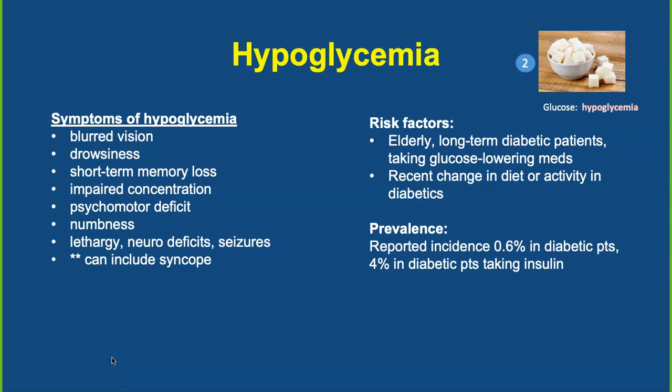So it's really important to ask about specific medications for these patients. Anyone with recent change in their diet or activity. And then this is reported to be about 0.6% in diabetic patients and 4% in patients specifically taking insulin. Yeah, also don't forget that alcoholics are at risk for hypoglycemia, so that's another population we should think about.